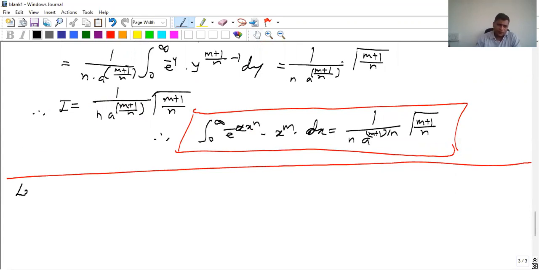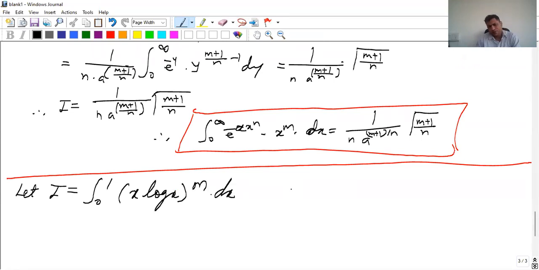I is equal to integral 0 to 1 of x log x raised to m. Suppose we want to solve this integral using the gamma function. What is the requirement of the gamma function? It is integral 0 to infinity e raised to minus x, x raised to n minus 1 dx, which is gamma of n.